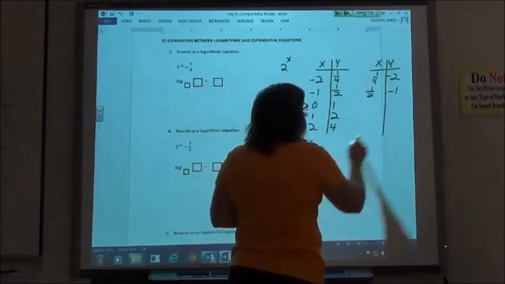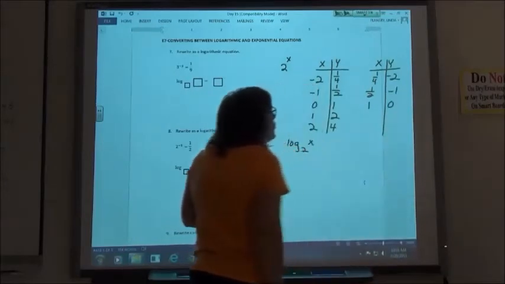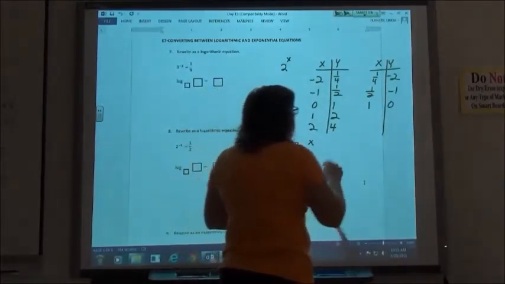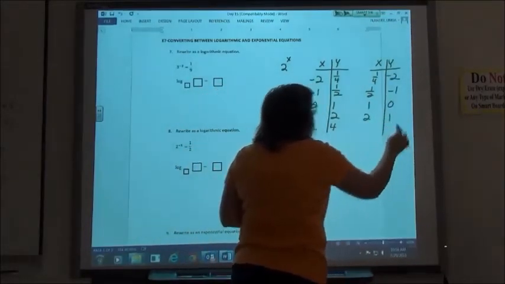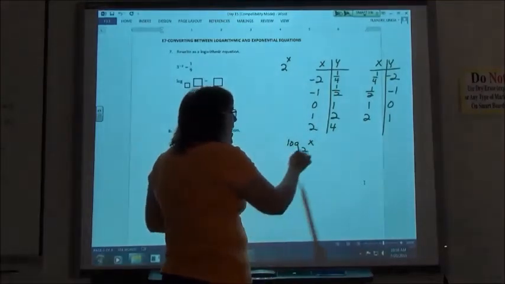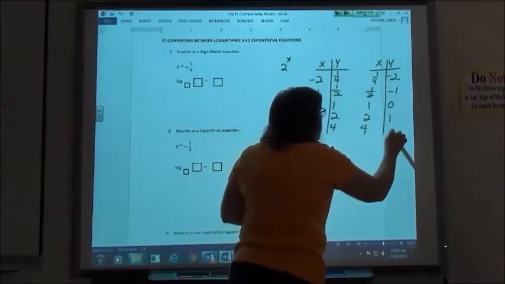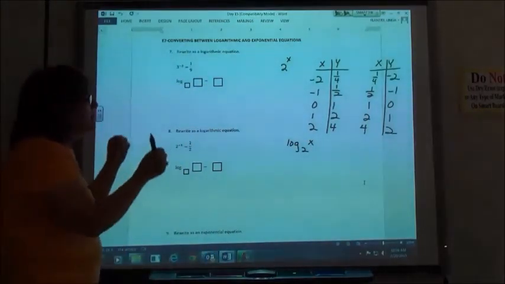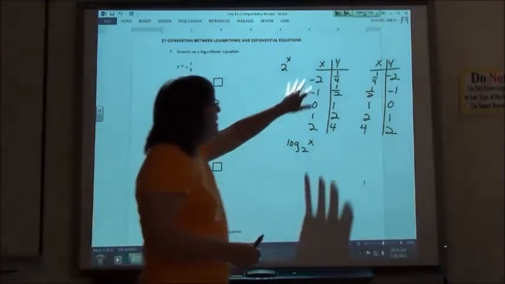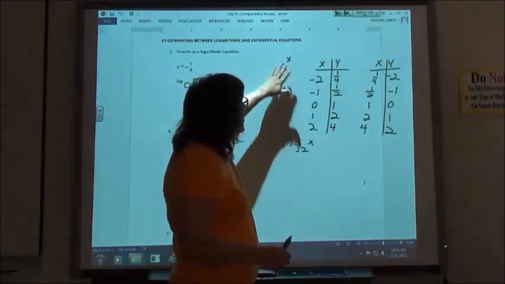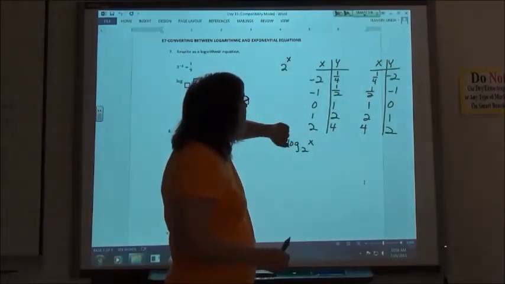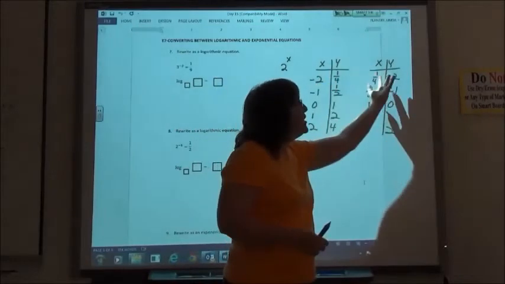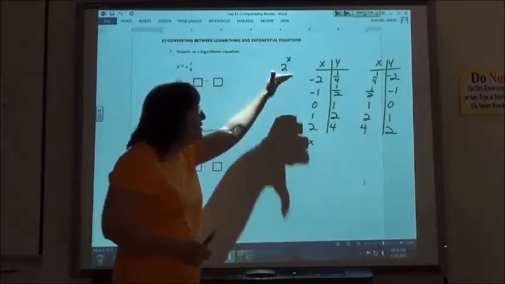If I had log base 2 of 1, my answer would be 0. If I had log base 2 of 2, my answer would be 1. If I have log base 2 of 4, my answer would be 2. So you can see in my table, everything is just switched around because a logarithmic function is the inverse of an exponential function. So I just switched my x's and my y's.